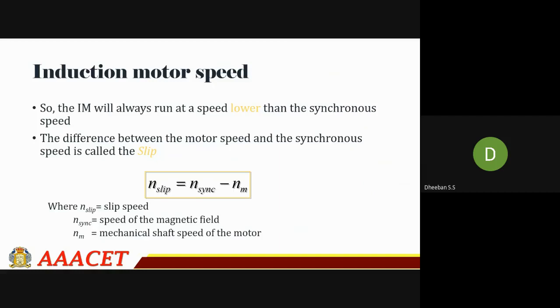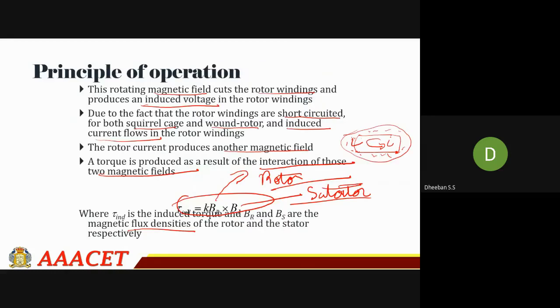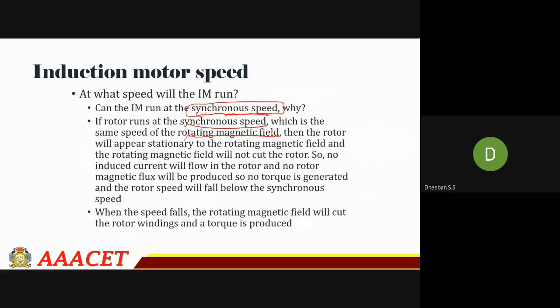We have seen the rotating magnetic field. If the rotor were to run at synchronous speed, the same as the rotating magnetic field, then there is a possibility for the induction motor to run at its maximum speed, which is the synchronous speed.